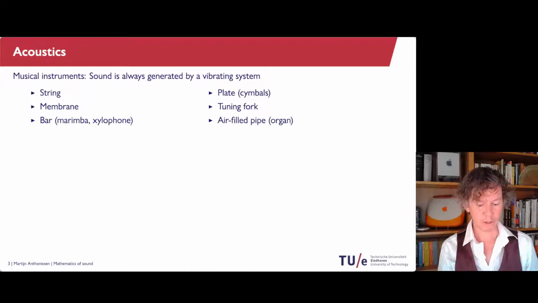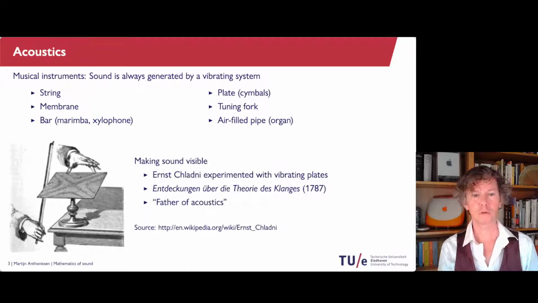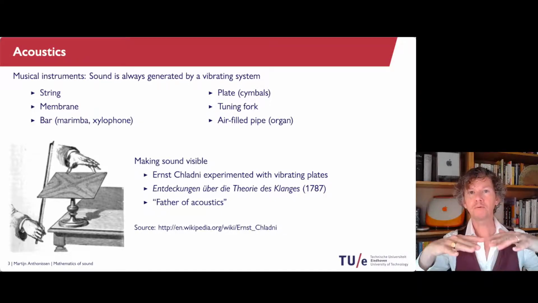Now, already many years ago, there was a German, Chladni, and what he did was try and make these vibrations visible. So he took a metal plate, as you see here, fixed it in the middle, and then he would make that plate vibrate using his violin bow.